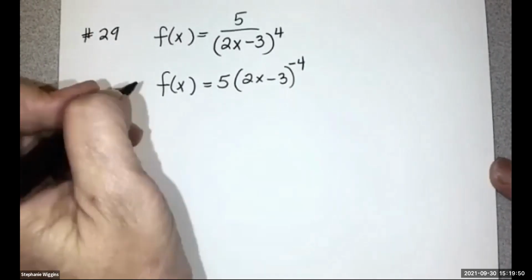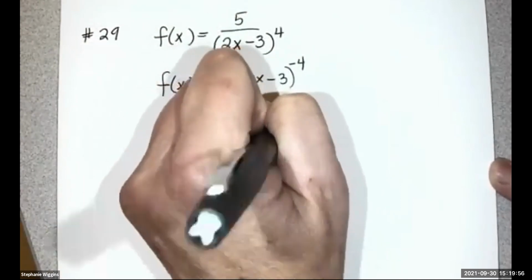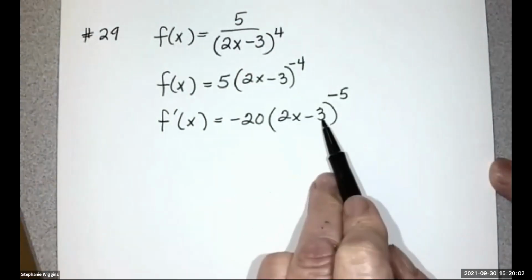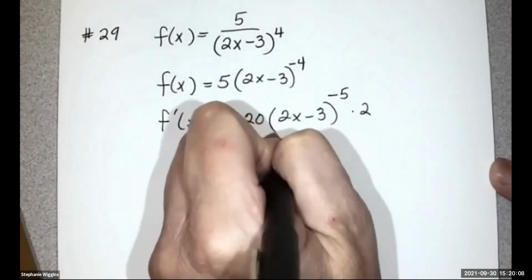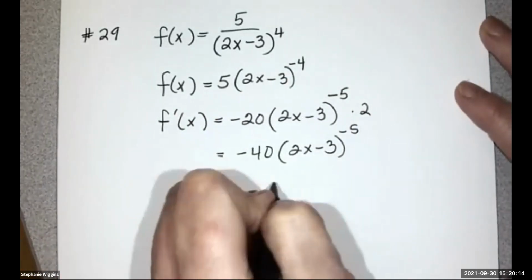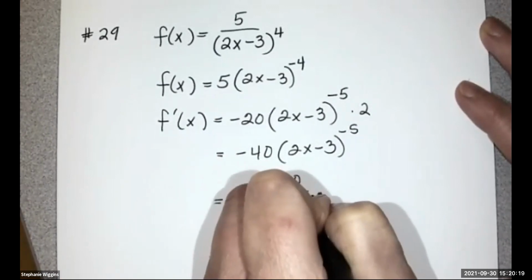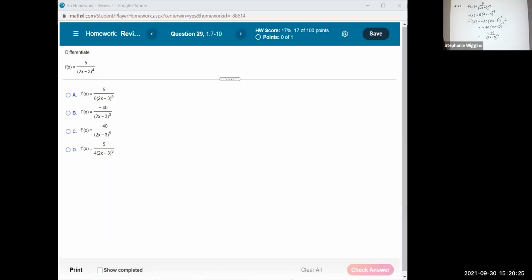So this allows me to use the power rule. Negative 4 times 5 is negative 20. 2x minus 3, I'm going to subtract 1 from negative 4, that's negative 5. Multiply by the derivative of what's inside, that's 2. So we get negative 40 times 2x minus 3 to the negative 5, and you can either write it like this, or you can write it as negative 40 over 2x minus 3 to the 5th power. I'm not sure which format they have it in, so let me take a look. All right, it looks like this one right here, C, is the correct answer.